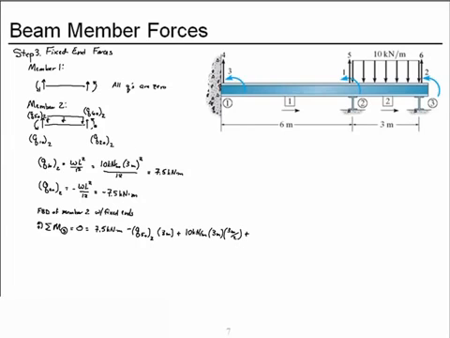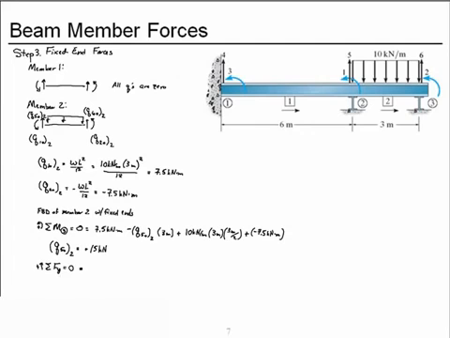And then we add in the moment at the far end, degree of freedom 6, which is a negative quantity. If I solve that for the fixed end force at degree of freedom 5, I get a positive 15 kilonewtons.